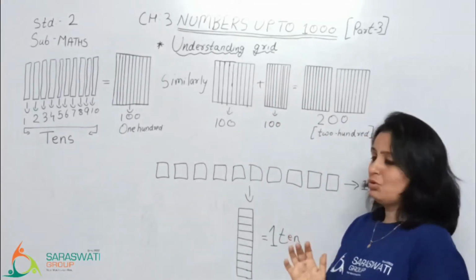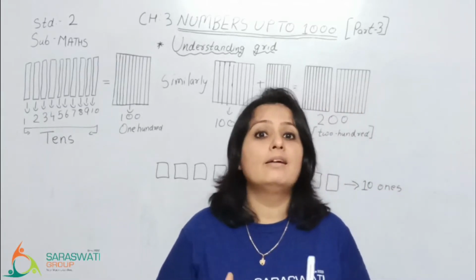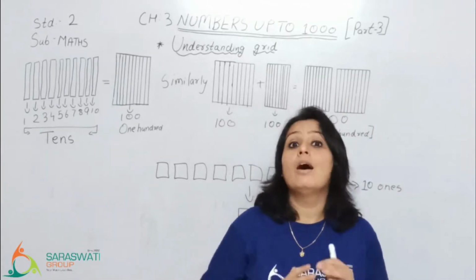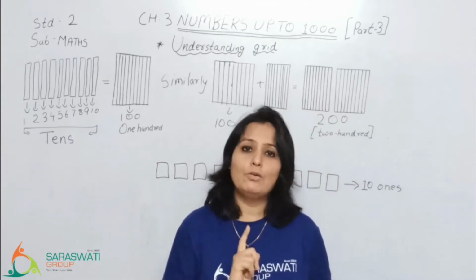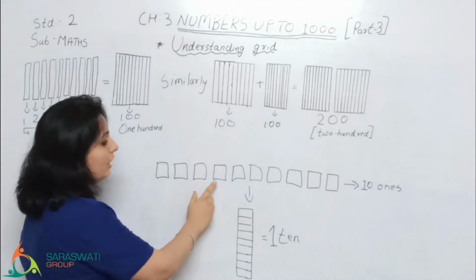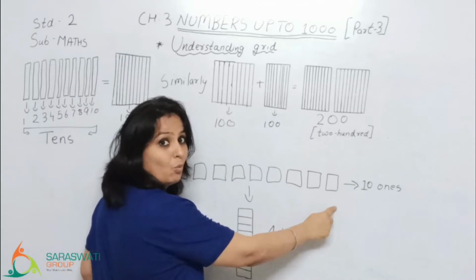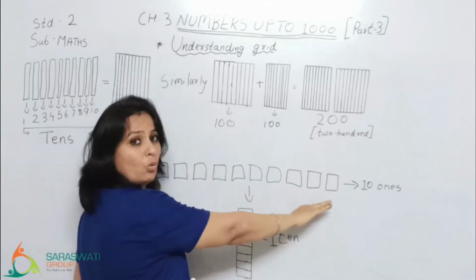Now children, you already know that ones make tens and tens make 100. Here you can see on the board I have drawn 1, 2, 3, 4, 5, 6, 7, 8, 9 and 10 ones. These are all loose ones.